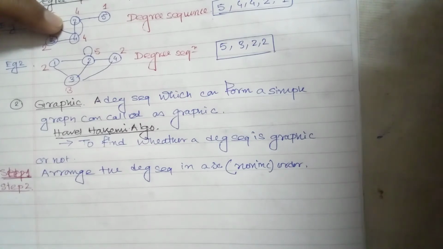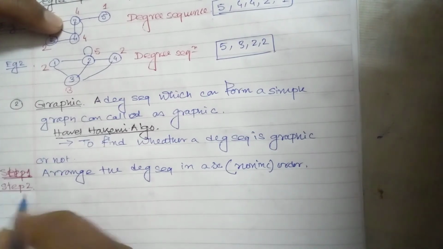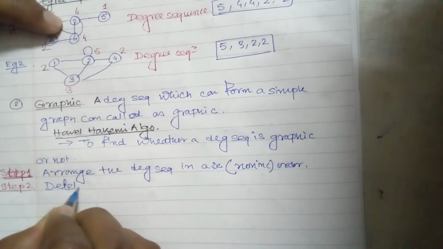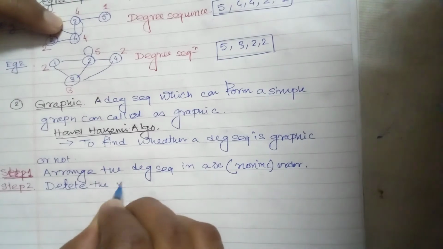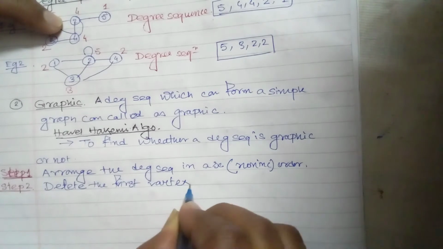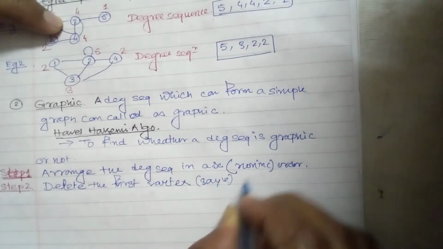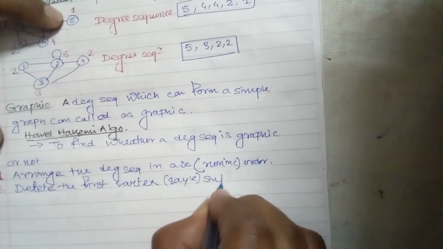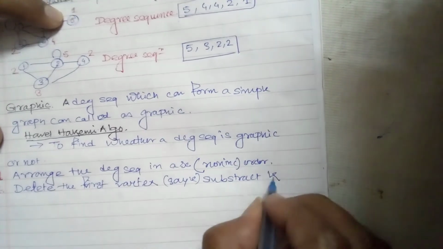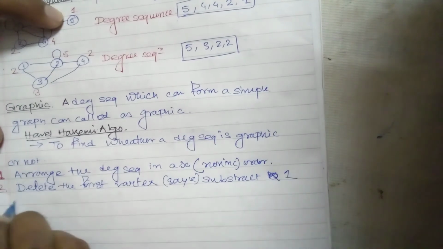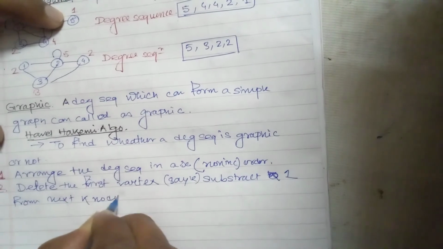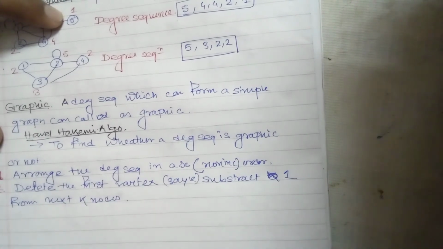Step number 2 is: delete the first vertex, say its degree is k, and then subtract 1 from the next k nodes. Okay, so when I take an example, this will be clear.